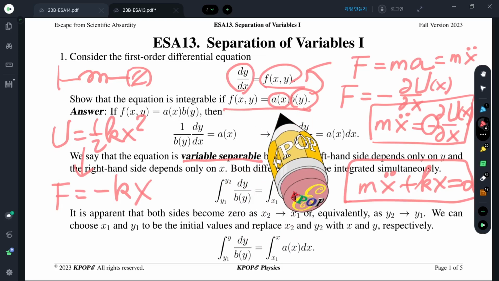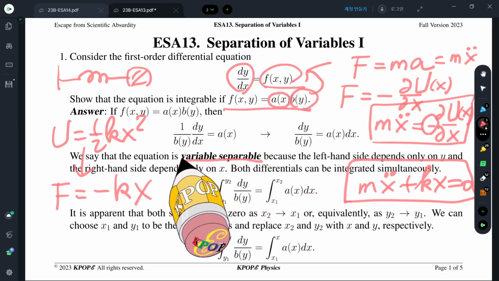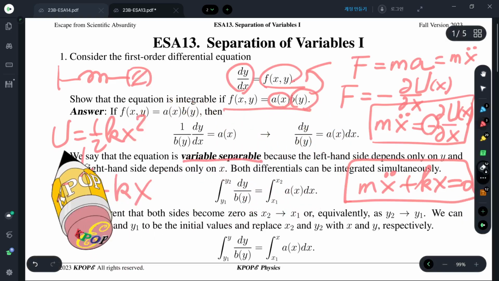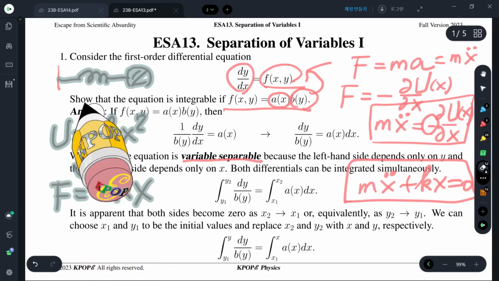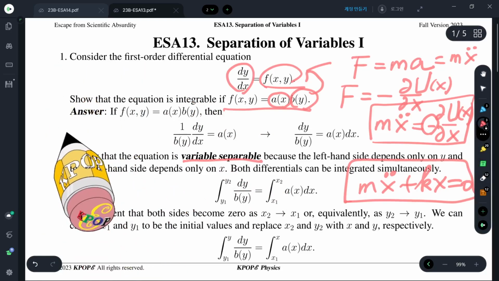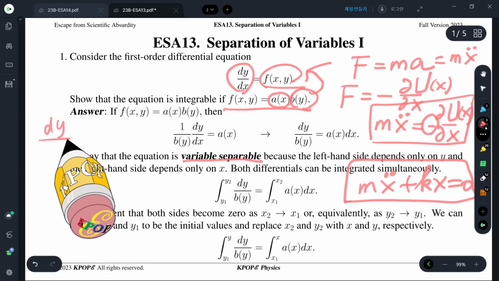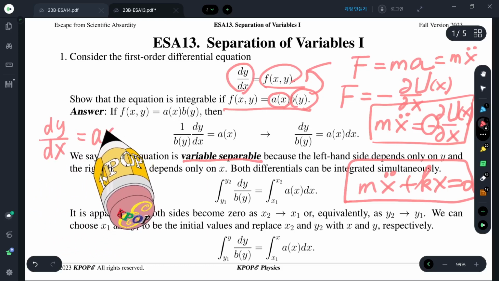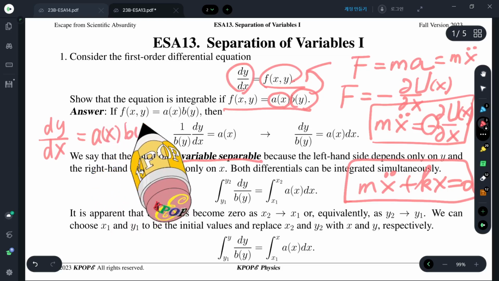If I substitute this, what I get is dy over dx equals ax by.